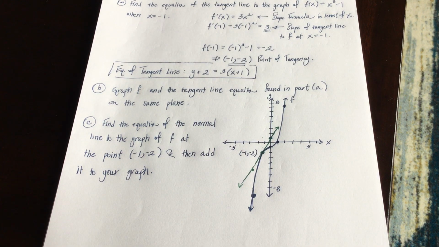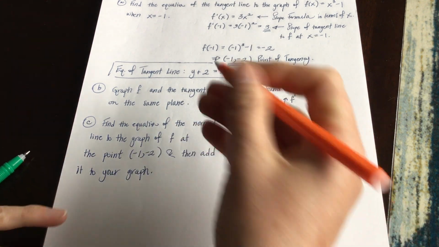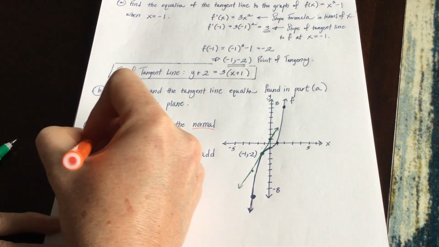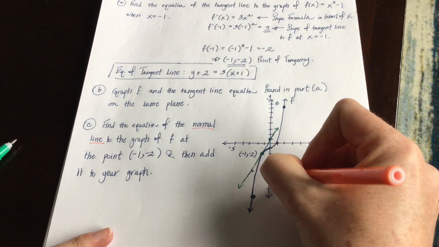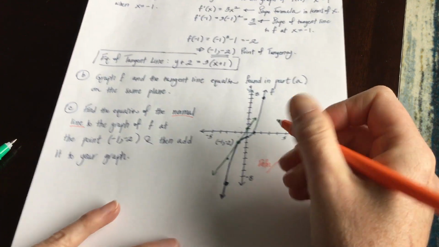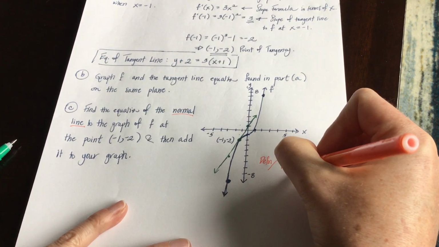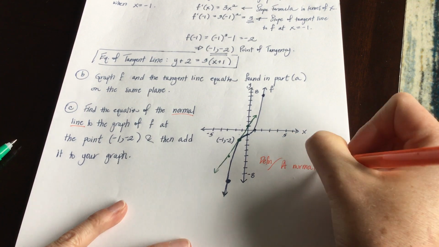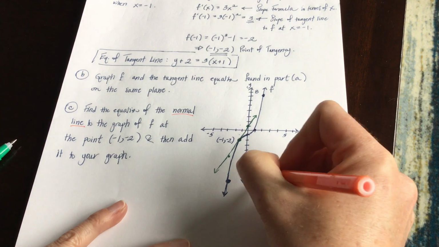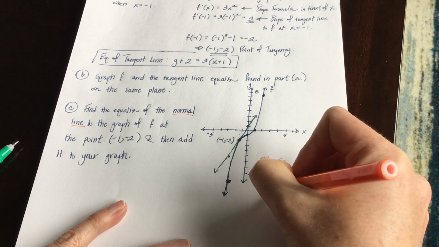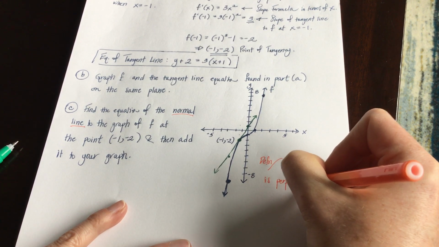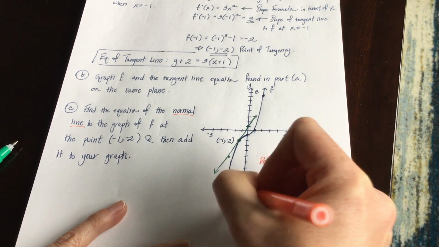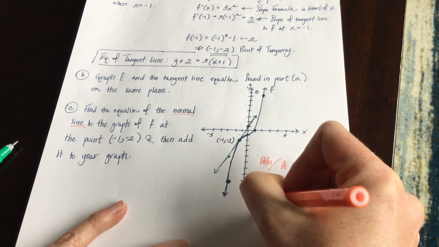Okay, a lot of folks think this is going to be hard, it's not, as long as you know what a normal line is. Then you should be fine. So just a quick definition: a normal line is perpendicular to a tangent line.